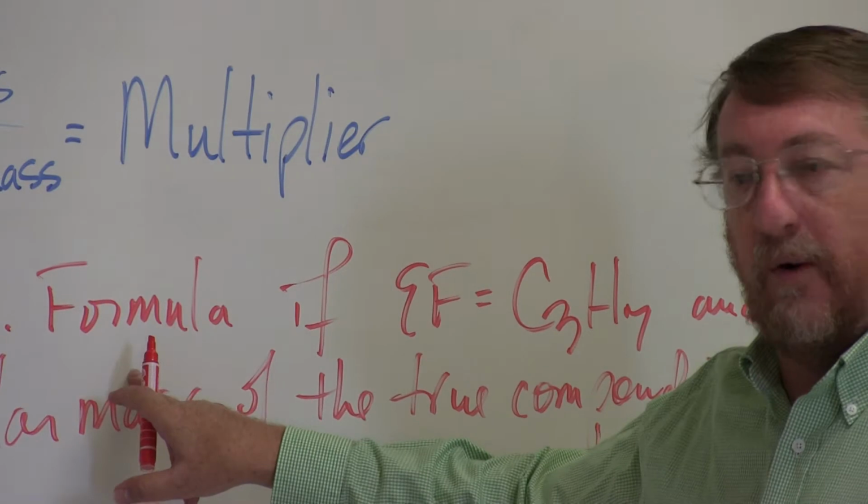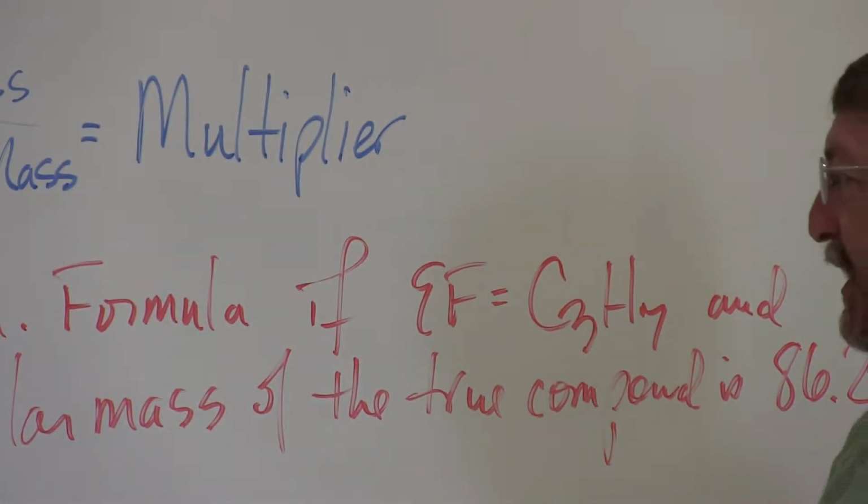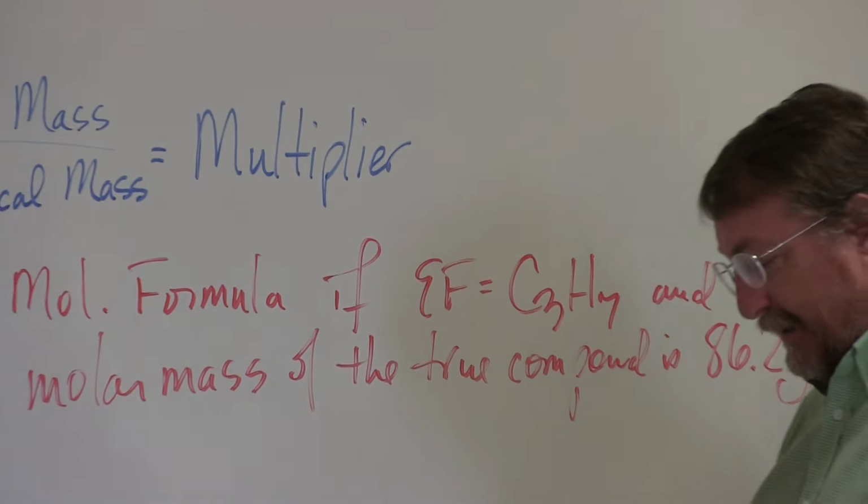So we want to know the molecular formula. If the empirical formula is C3H7, the molar mass of the true compound is 86.2.